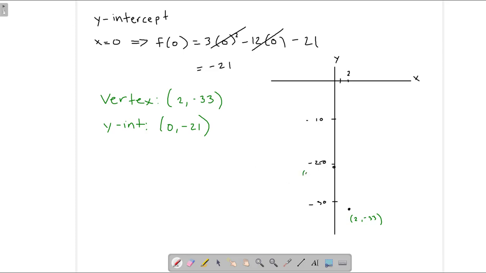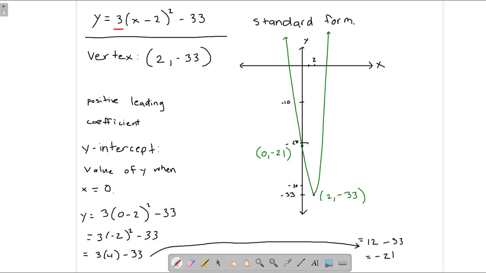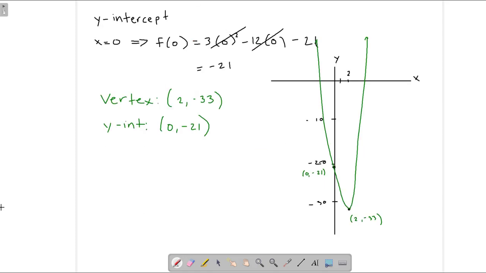And remember, it's just a rough sketch. It's not going to be perfect. That's okay. So that's my y-intercept. And then again, I just have to draw, better this time. And then symmetric on the other side, because parabolas have to be symmetric. So there we go. We got the same thing, and it was a bit faster. So yeah, go ahead and use that method if you're comfortable with that instead.